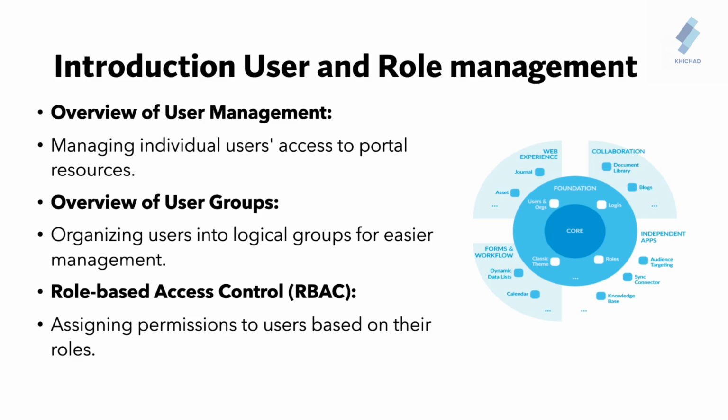In library, administration can customize each user's access to portal resources by assigning them roles with specific permissions, ensuring tailored access and security. In library, administration can group users logically for easy management, simplifying permission assignment and administration tasks.